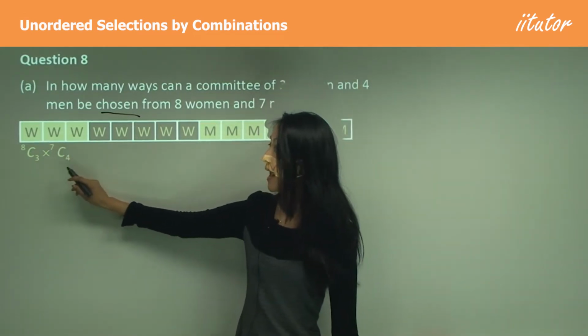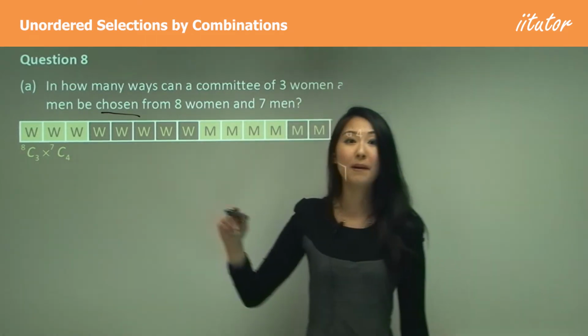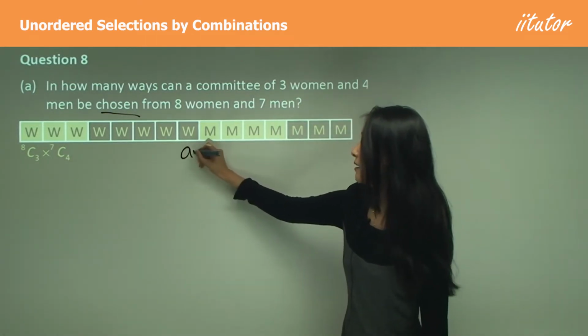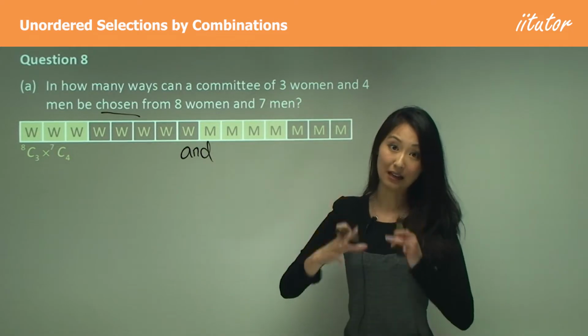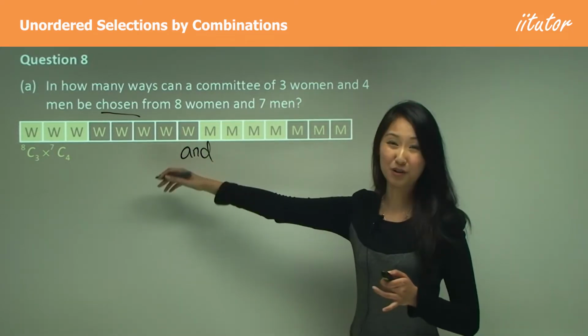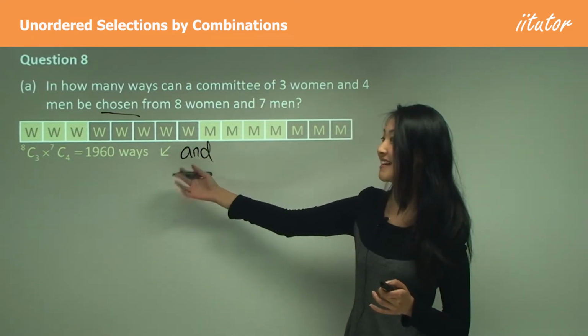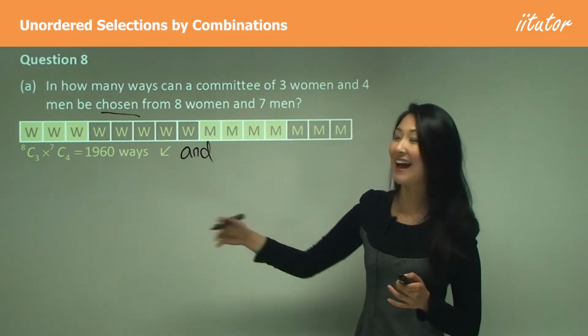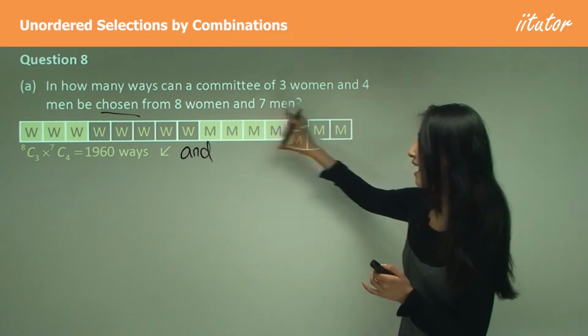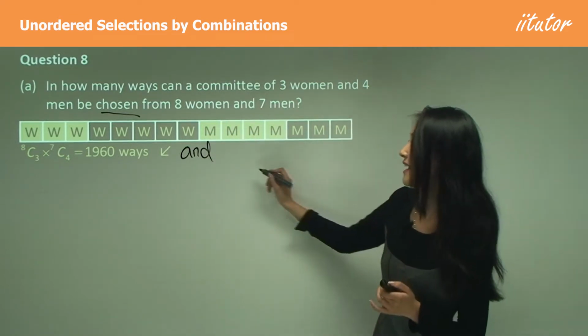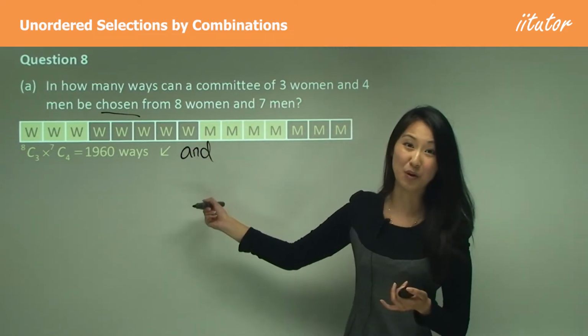Out of the 7 men, 4 are chosen. But it's going to be "and" between them because together they make that committee. That's why you multiply them together. So that's just some calculator work, and it's 1,960 ways. You can actually see in the diagram they are linked together in one committee, and that's why it's really important to use "and" and multiply.